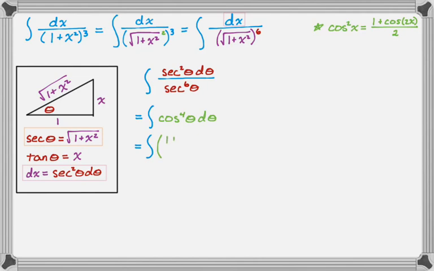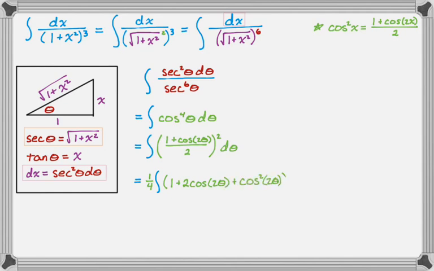I'm going to get the quantity 1 plus cosine of 2x over 2, or 2 theta I guess, and then squared. And there's really nothing to do here but expand. So that denominator is 2, you square it, you can pull out a 1/4. So I have 1/4 the integral of, and now I'm just expanding, so it's 1 plus 2 cosine of 2 theta, and then plus cosine squared of 2 theta.